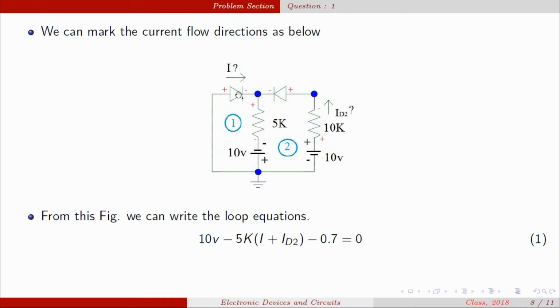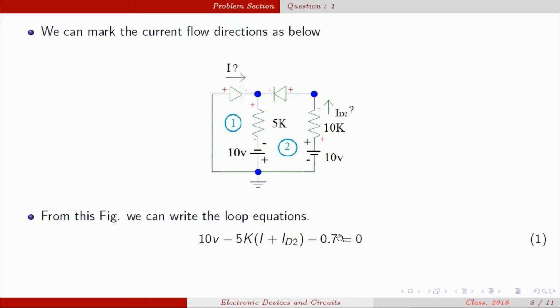Here also minus to plus, that means the minus direction. The voltage drop across the diode is 0.7, which is given in the question itself. So we get the equation: 10 volt minus 5k into (I plus ID2) minus 0.7 equal to 0.